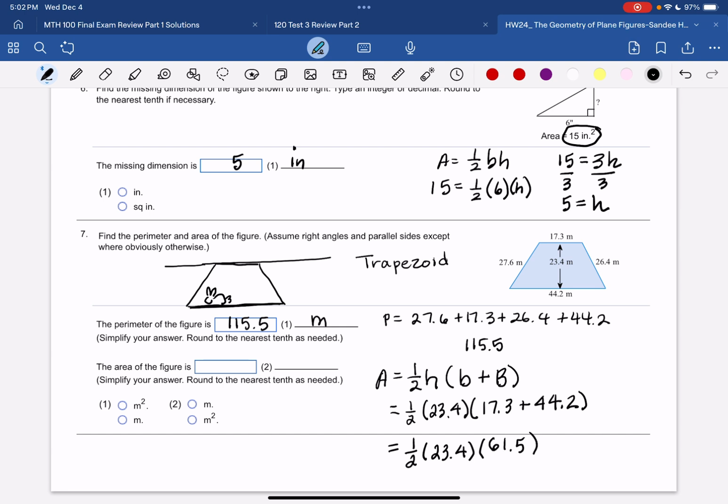Now we can multiply, and again, 1/2, we can use 0.5 times 23.4 times 61.5 is 719.55, but they said nearest tenth, that's one place, so I will write 719.6. Because I'm in area, squared units, it will be square meters. Area is always measured in squares.